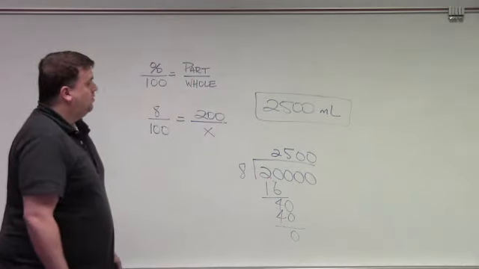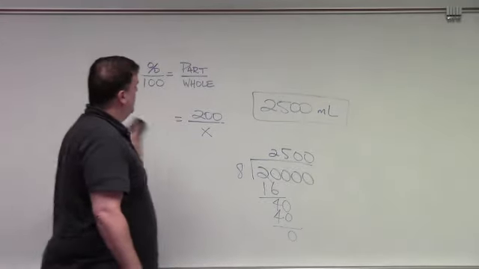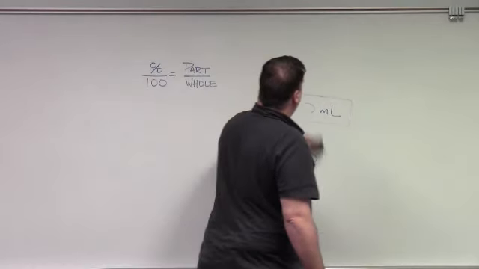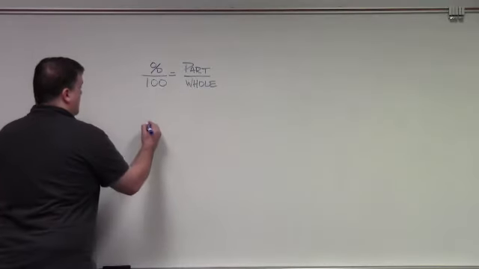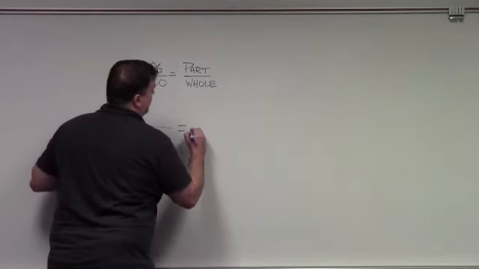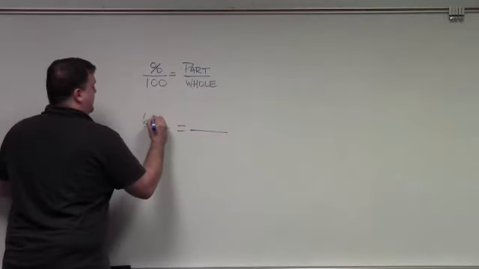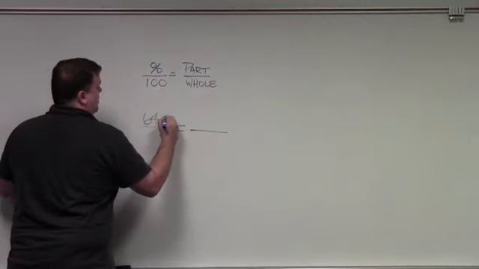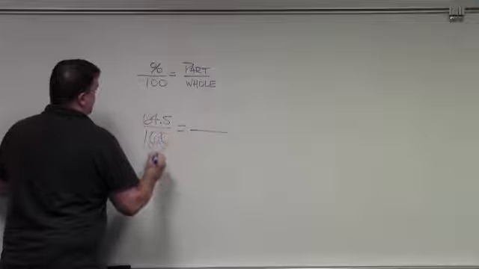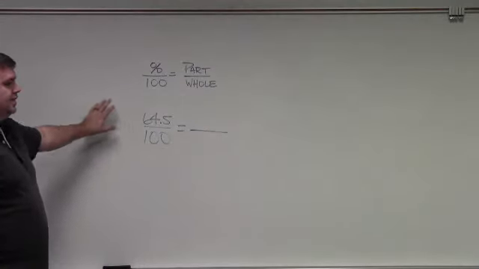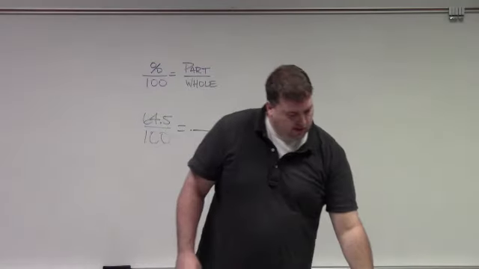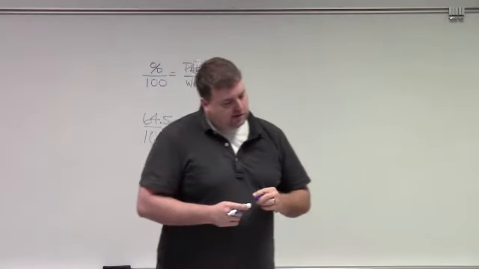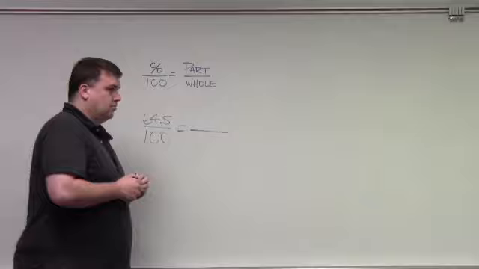All right, so a lot of information, but we can still use that same setup. Am I given a percentage? Yeah. And it was 64.5, right? Yes. Don't worry about the decimal. We can still work with that in the setup. So the 275,000, is that the part or the whole?